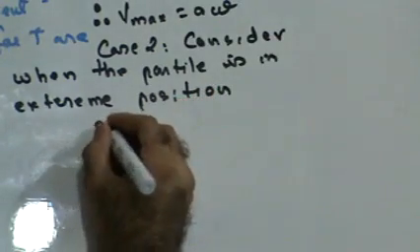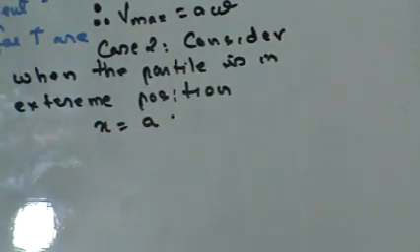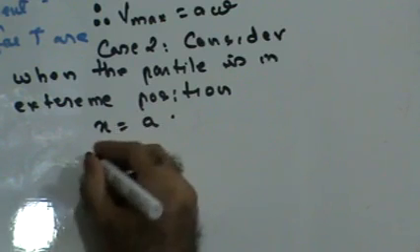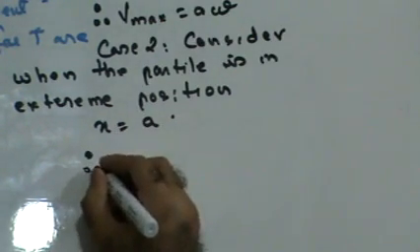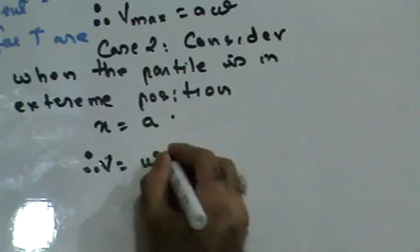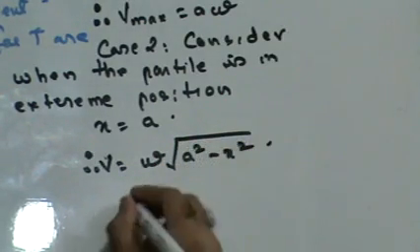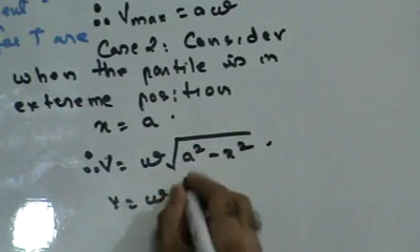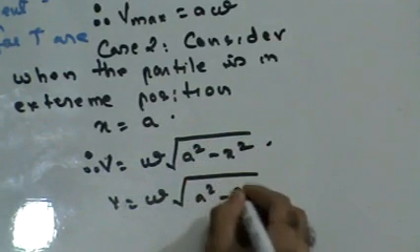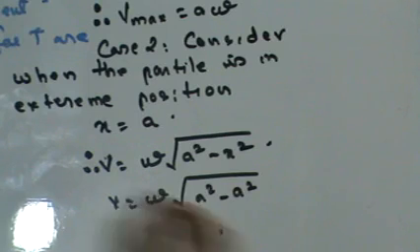If the particle is in extreme position, then the displacement of the particle will be equal to the amplitude of the particle, in which case I can say that velocity is given by the formula omega square root of a square minus x square. v will be equal to omega square root of a square minus a square. v will be equal to 0.